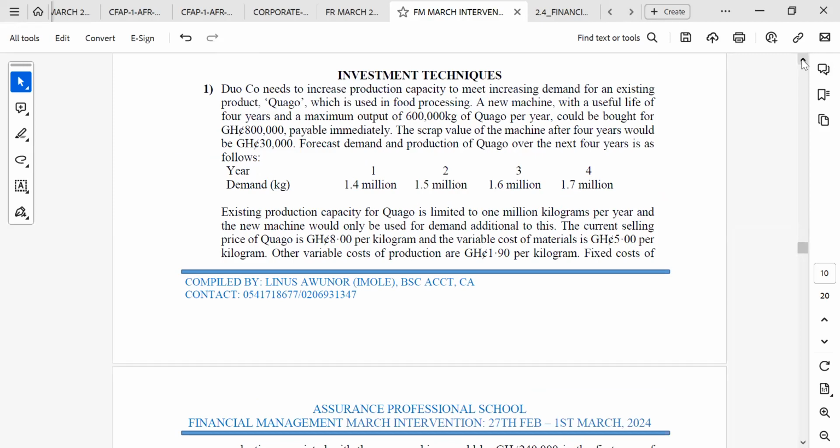800,000. Please, what we have to know is that the tax authority does not calculate depreciation like how the company does calculate their depreciation.